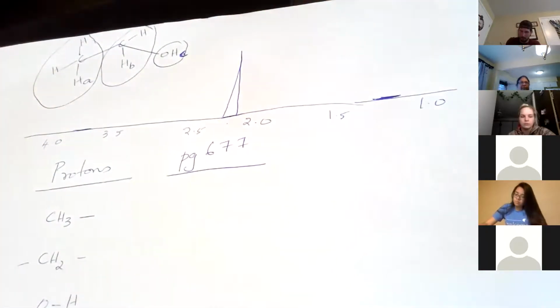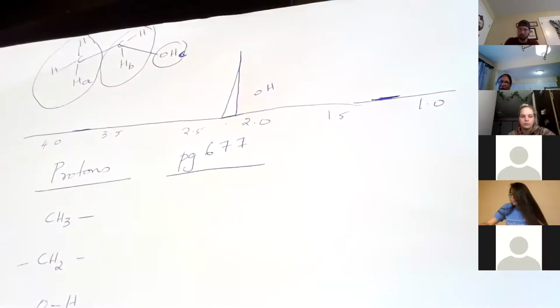This is my OH group, and he can be anywhere between 2 and 5. In this particular case, he's chosen to be between 2.1 and 2.3. There's a range.